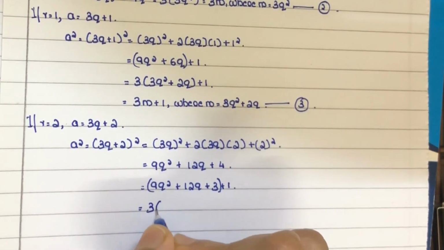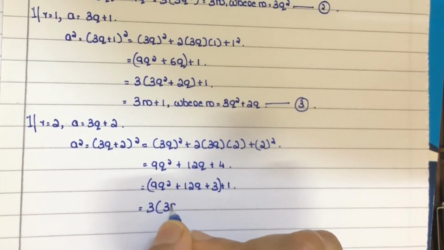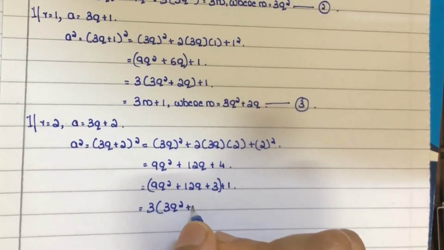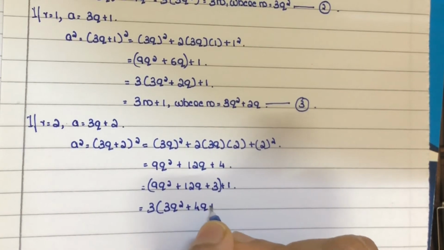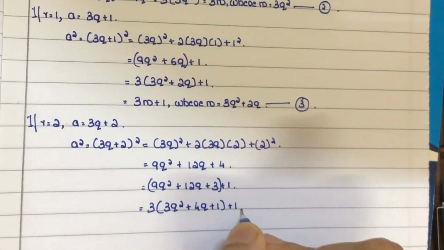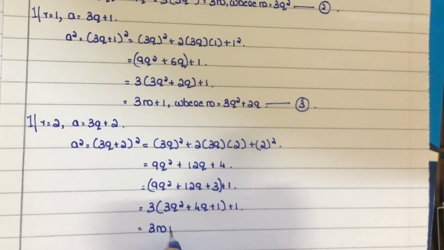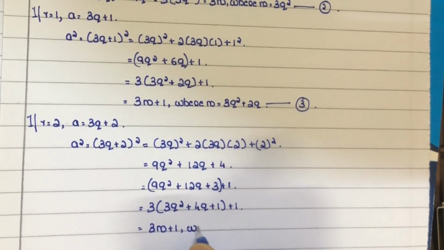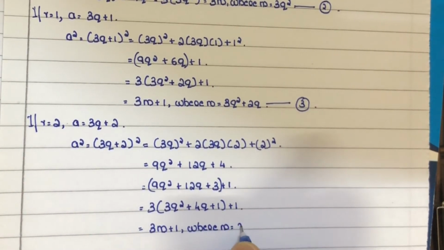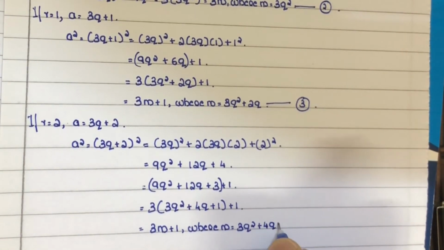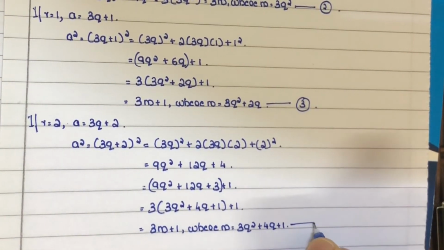That is 3 into 3q square plus 3 into 4 is 12. Isn't it now? So 4q plus 1 plus 1. This one you can write it as 3m plus 1, where m equal to 3q square plus 4q plus 1. Consider this as equation number 4.